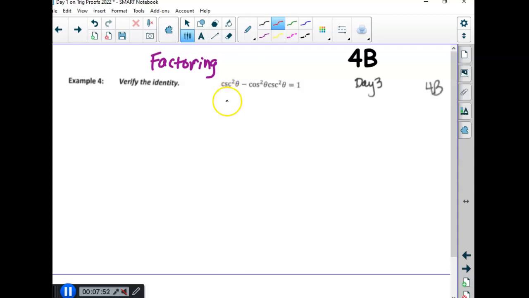If we trade it to sines and cosines, cosecant squared is 1 over sine squared. And this one is a cosine squared times a cosecant squared, which is 1 over sine squared.